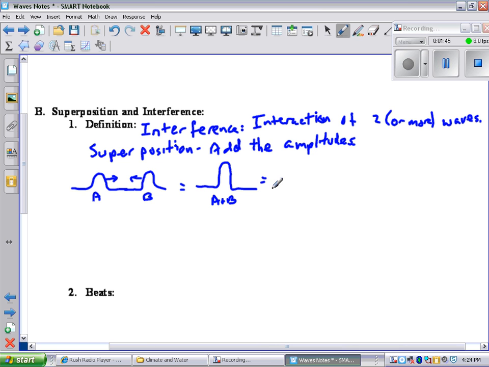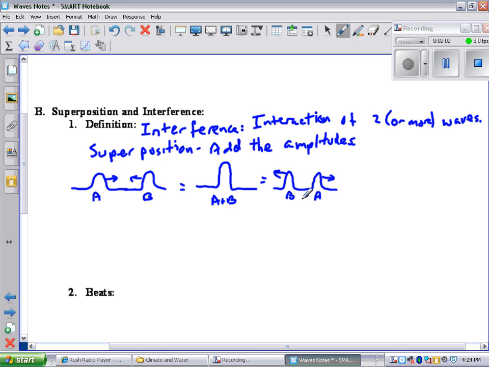And then afterwards, they actually pass right through each other as if nothing had ever happened. So we have B continuing on to the left and A continuing on to the right.